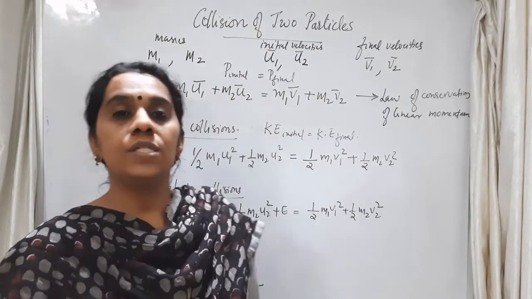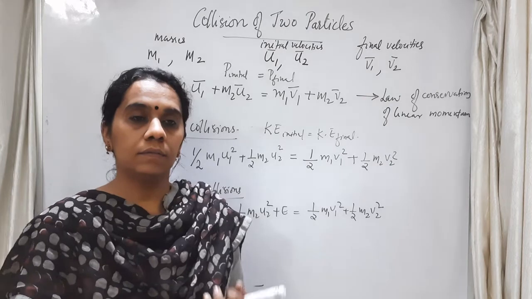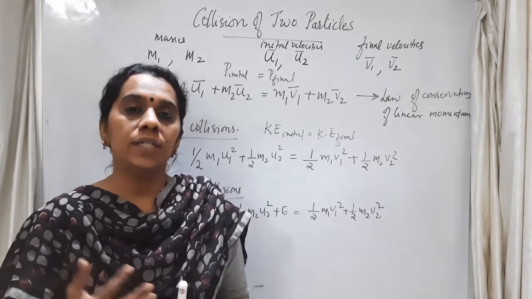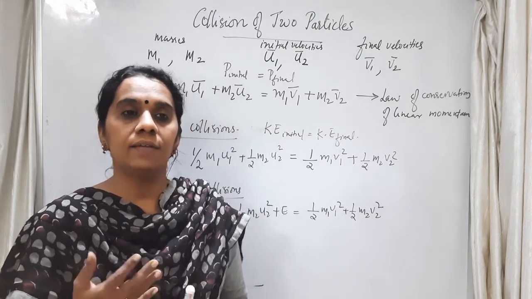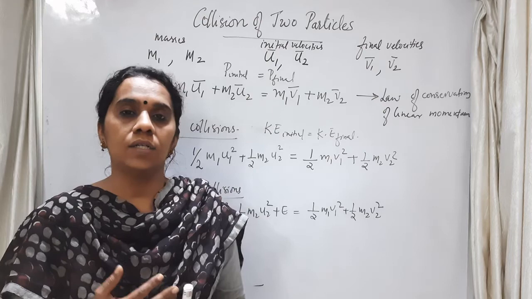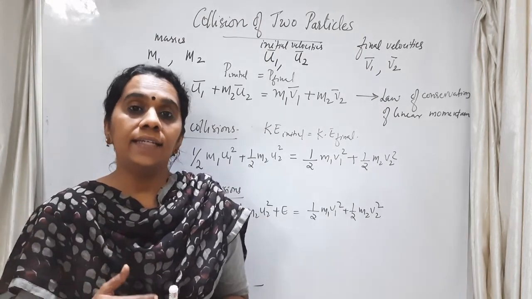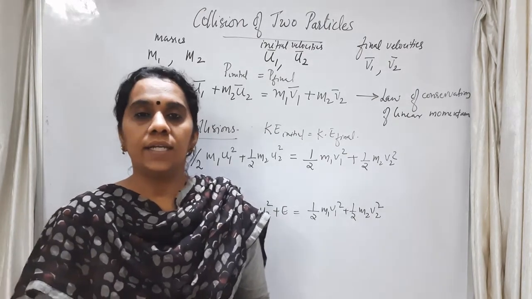Also there may be situations wherein initially the colliding atoms or molecules are in a lower energy state. After collision they get excited, that is, there is a change in their internal energy or internal structure, as a result of which they are getting excited. In that case their final kinetic energy may be slightly less than the initial kinetic energy.